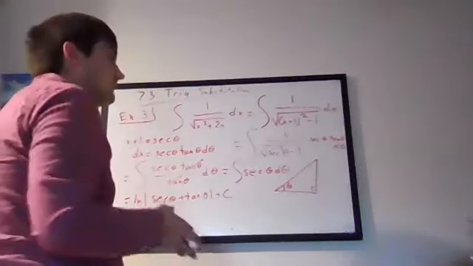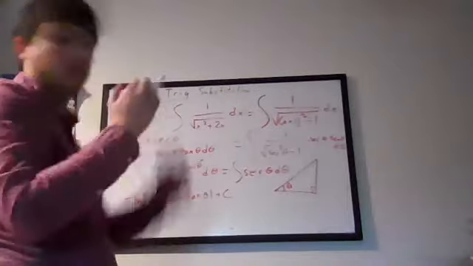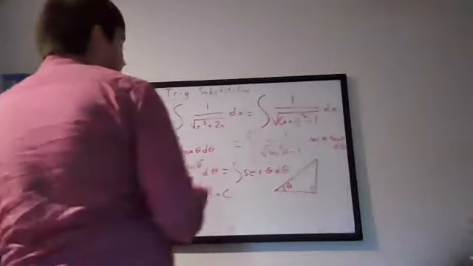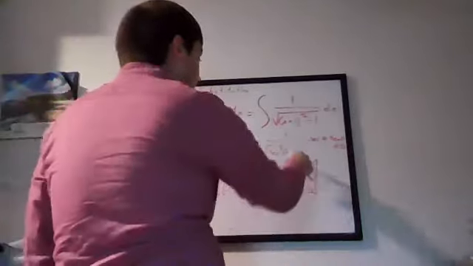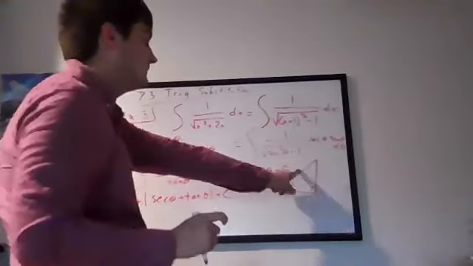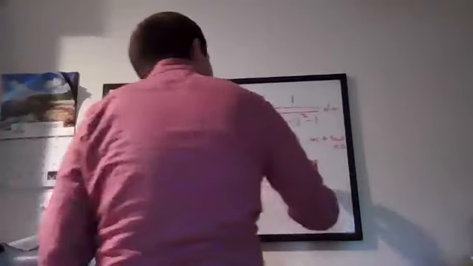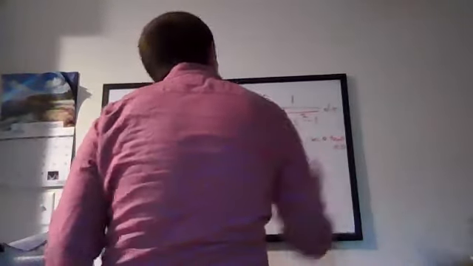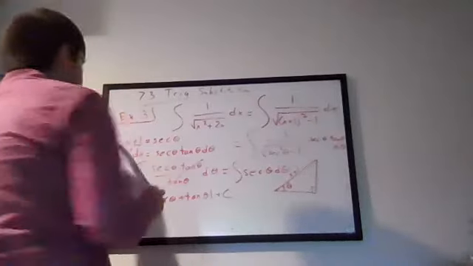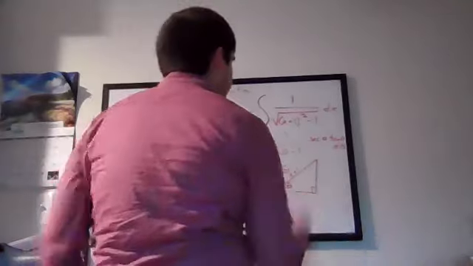Which, if you don't remember, cosine is the reciprocal of secant, and cosine is adjacent over hypotenuse. So what that means is that secant is the hypotenuse over the adjacent. And what that means is that my hypotenuse should be x plus 1, right? Maybe x plus 1 over 1 is the best way to write this. And my adjacent side is going to be 1.